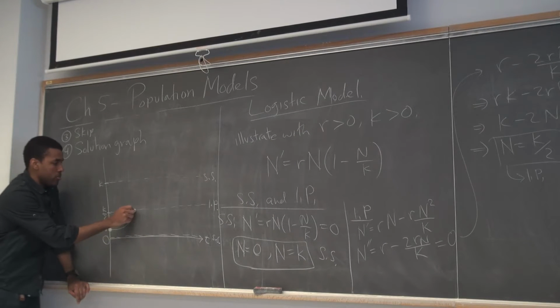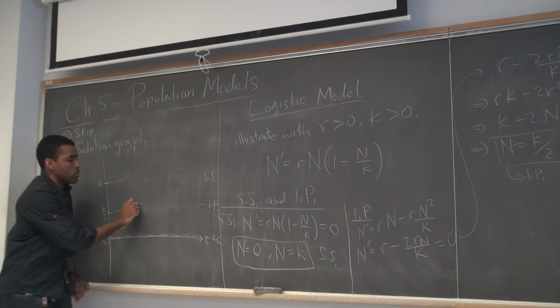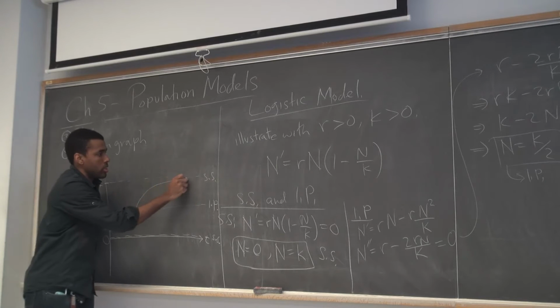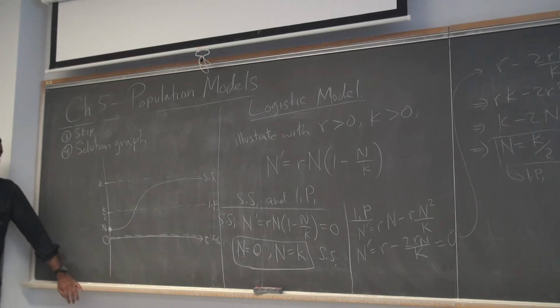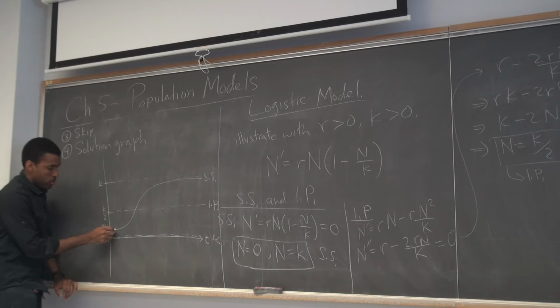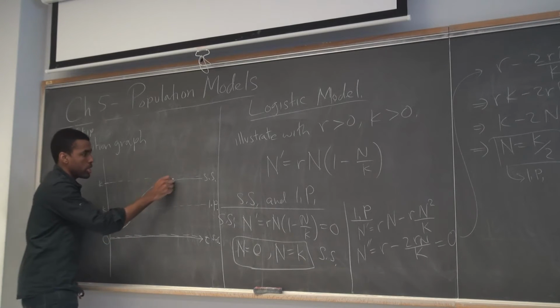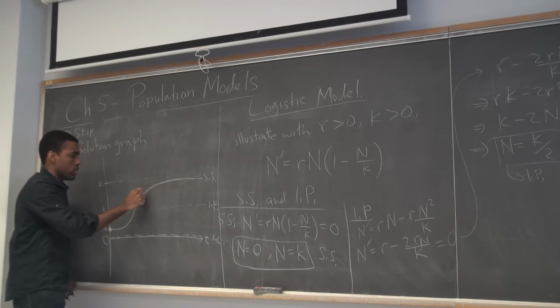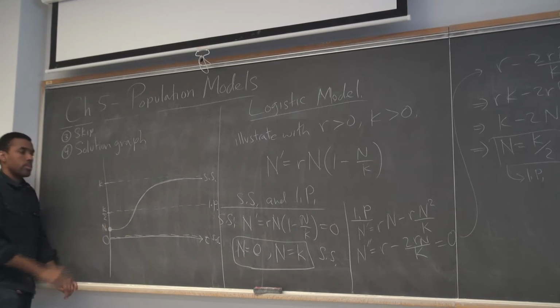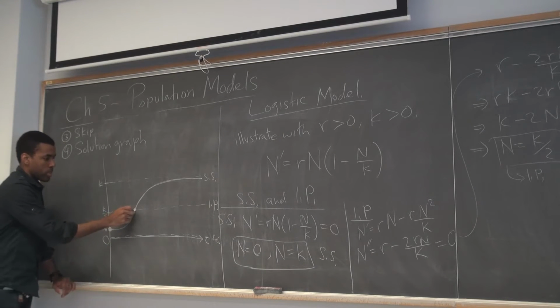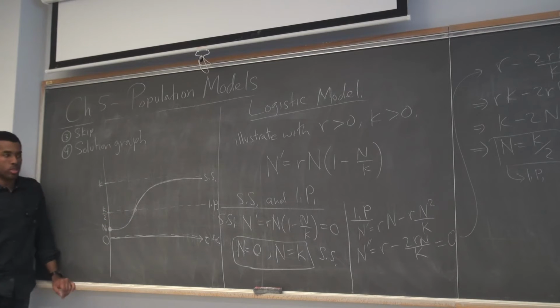Concave up like a smiley face, because I want to switch to concave down to settle at this steady state. So if your population starts below k over 2, that's what it's going to look like. The fastest growth rate happens at this point. Right? That's where the slope is the steepest.